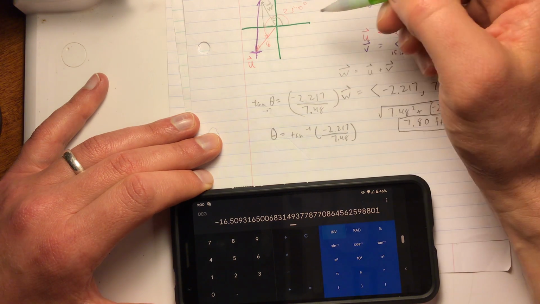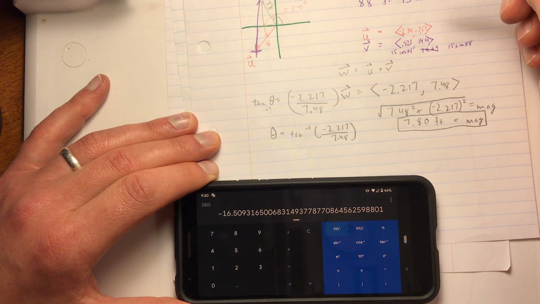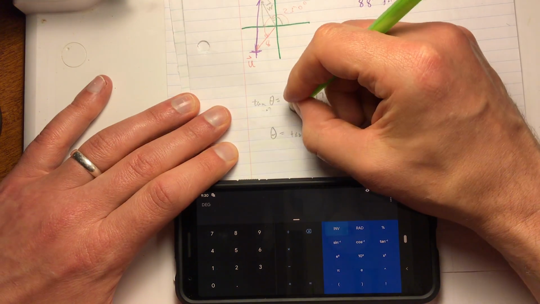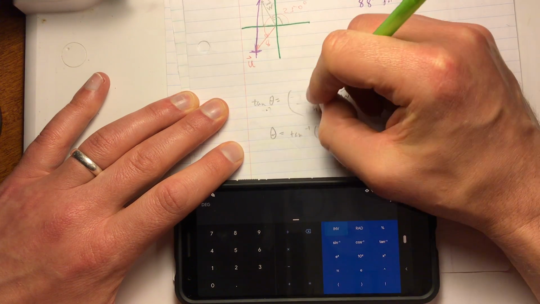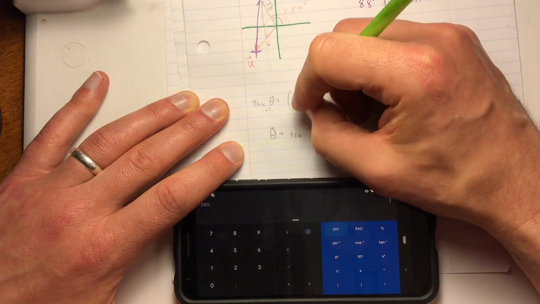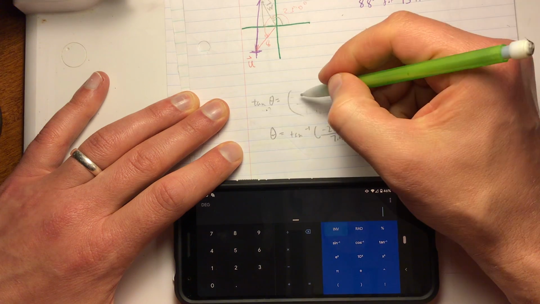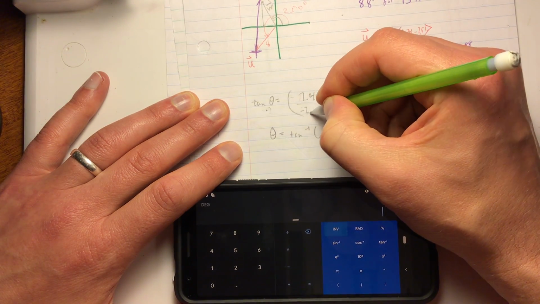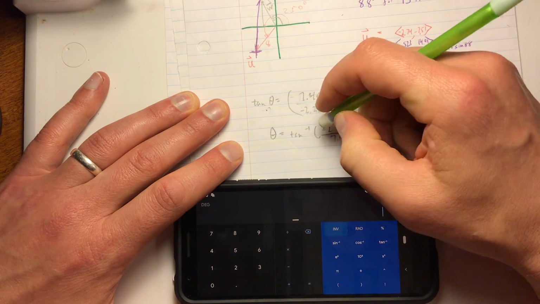Now, did I type that in backwards? I did. Goodness me. I'm going to put the y coordinate over the x coordinate. 7.48 over negative 2.217.